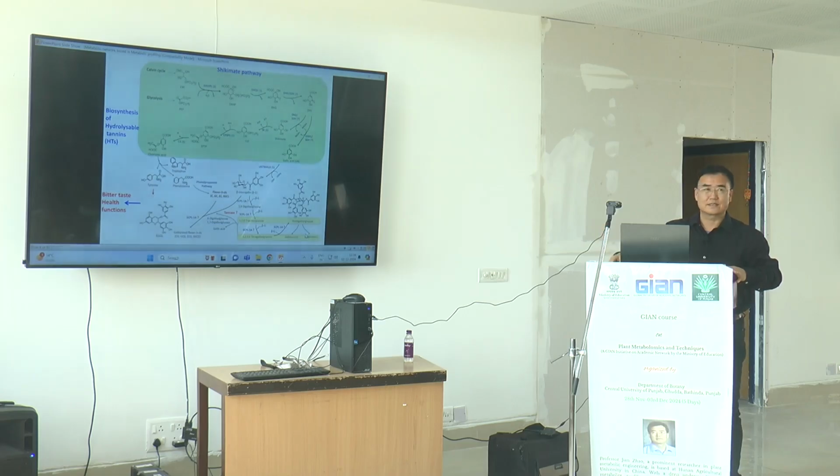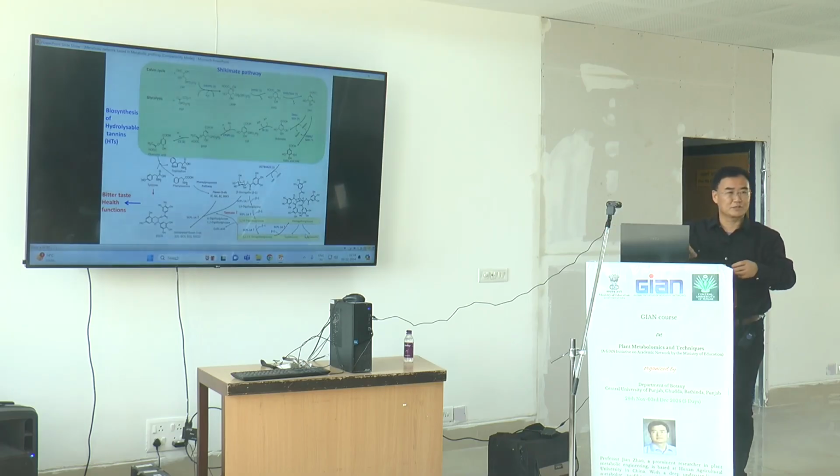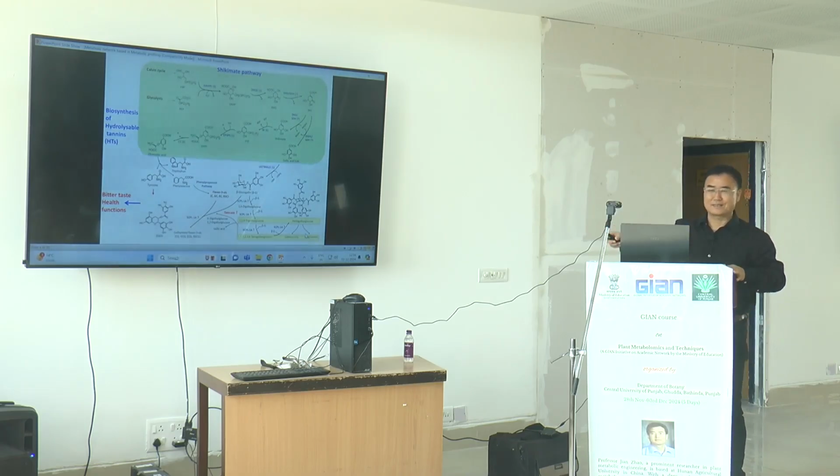We call them the Caryophyllales. One of the typical plants in that family is the cactus. You can see here a lot of cactus. Dragon fruit is also one fruit we eat from a cactus plant.